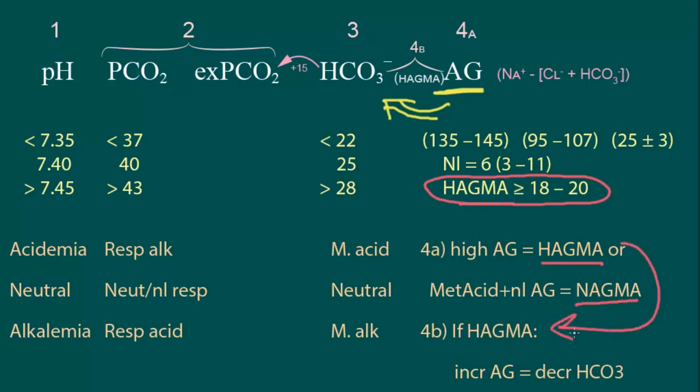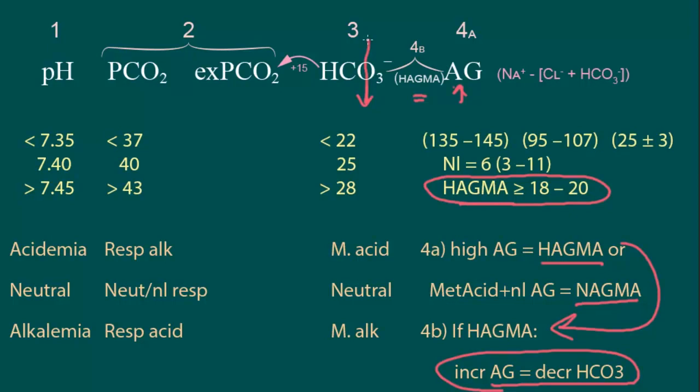Look at 4B there. You check and make sure that the increase in anion gap is about equal to the decrease in bicarb. What if the anion gap increase were 10 and the decrease in bicarb were 20? That means you have a much deeper metabolic acidosis than simply due to whatever is causing the high anion gap.